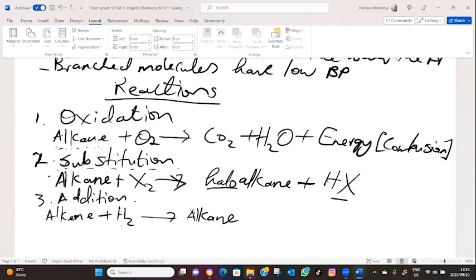Note that alkene have a double bond. A double bond is unstable. Whenever you add hydrogen, it will break, and you will have a saturated hydrocarbon afterwards.